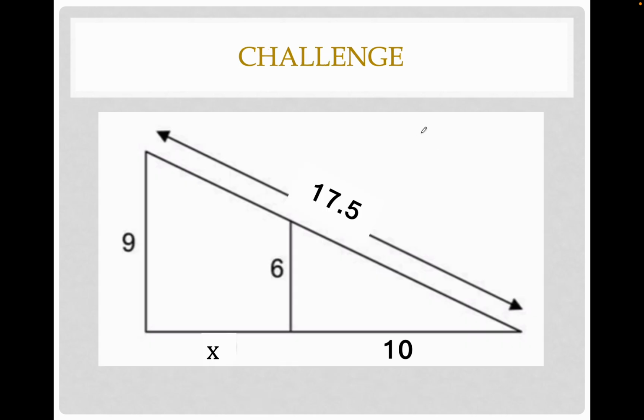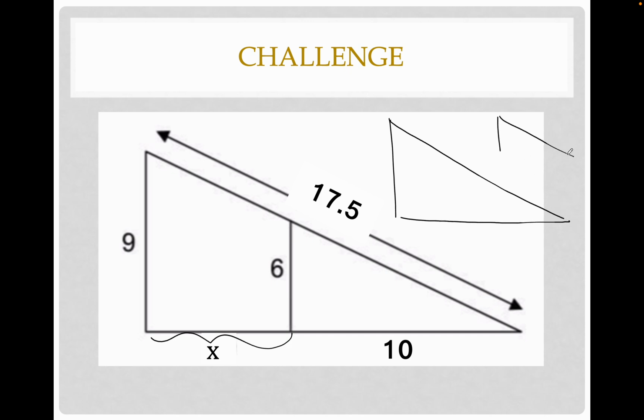To solve this challenge, you can also use a proportion. The tricky part here is that X is only representing this part of the figure. This is a large triangle with a smaller triangle inside it. If it helps for you to separate them and draw them as two separate triangles, do that.